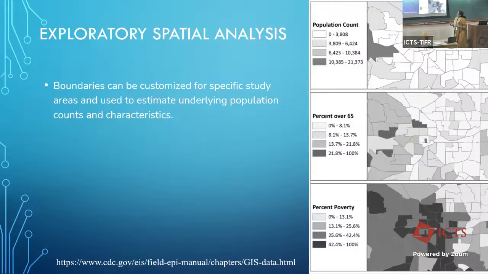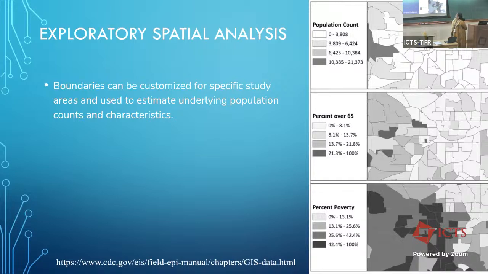And once you have that boundary, you can use it to estimate underlying population counts and characteristics. Okay. So one tool, this is an example of what's called choropleth maps. So choropleth maps are basically aggregating over a particular boundary area, whatever that variable is of interest. Okay. And then visually you can look for patterns. You can look for gradients in anything like population counts, senior citizen distributions, how much poverty, where the poverty is.